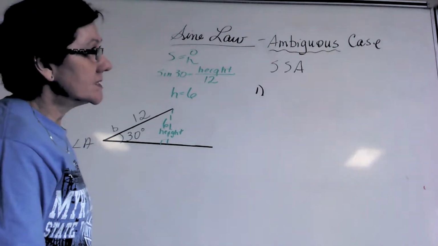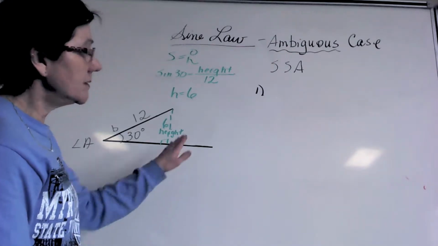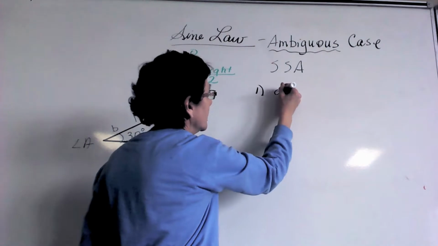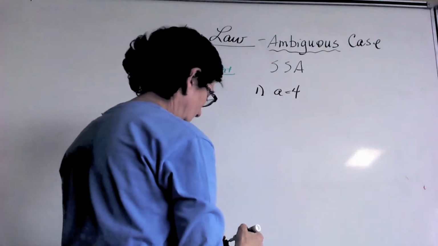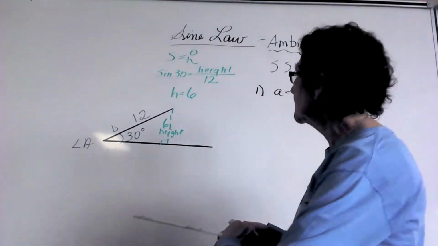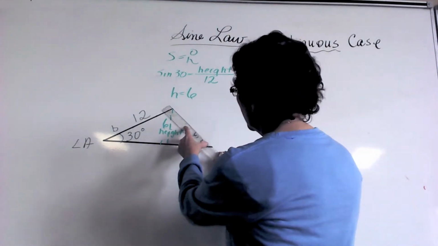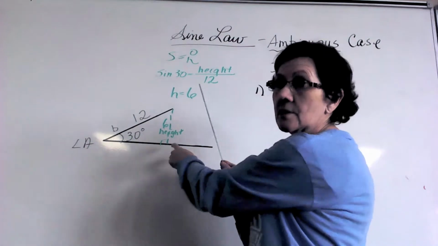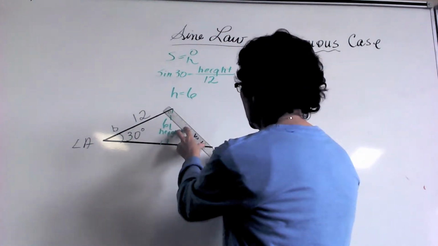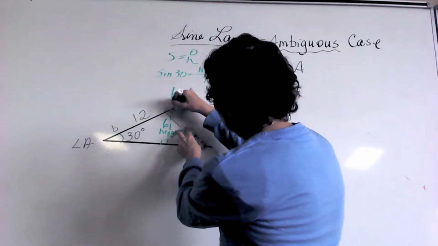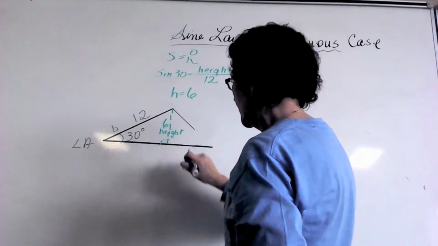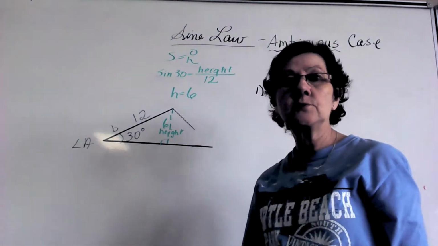For the first scenario, we're going to make side A 4 units of measure. We'll draw that in as best we can, remembering the height is 6. So our 4 is going to have to be smaller than that, and as you can already see, that isn't a viable or working solution.